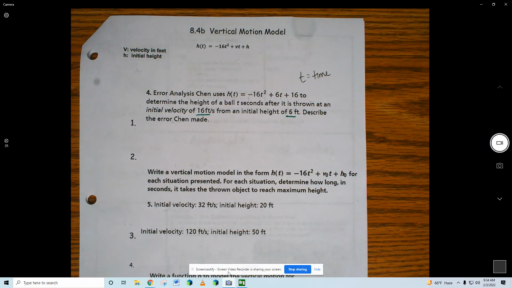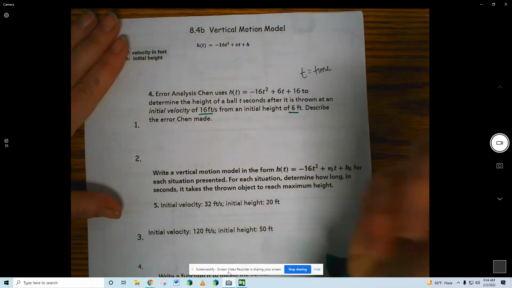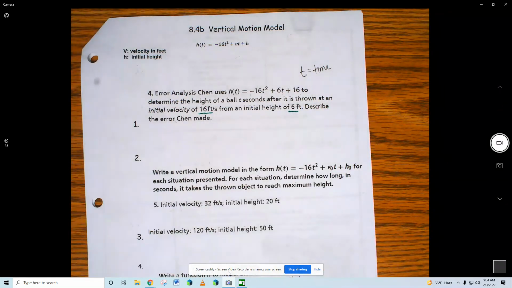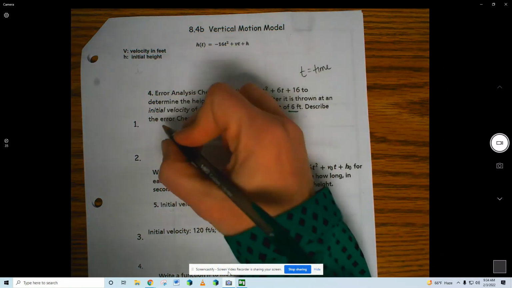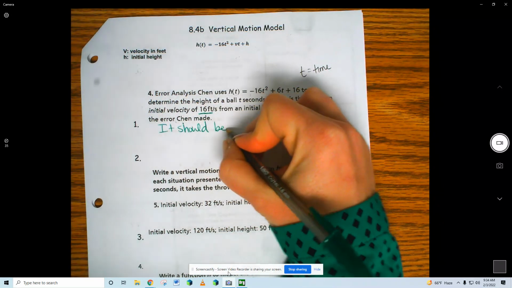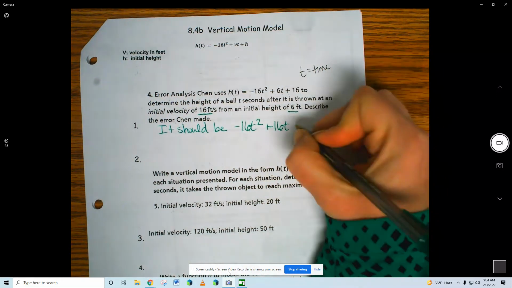So look at the formula and then look what Chen says. The initial velocity is 16, the height is 6. What's the mistake? It was switched around. 16 was supposed to be in the middle. So it should be negative 16t squared plus 16t plus 6.